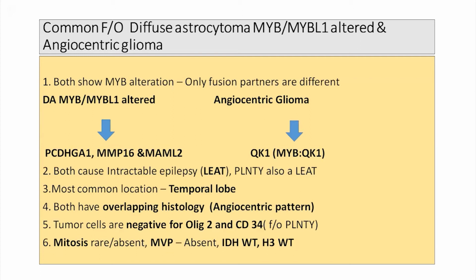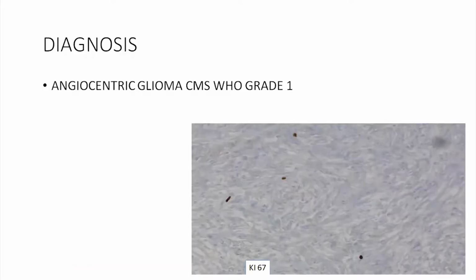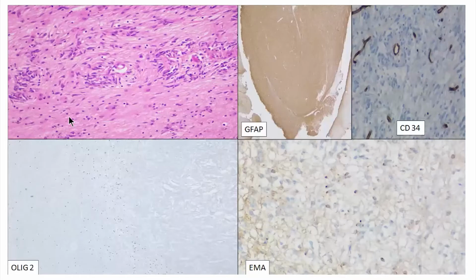Okay, is this a question coming? Yes. Question to you. What are the pointers on morphology that we should see before we call or suspect angiocentric glioma? Yes. First of all, the morphology was very typical. We don't see such a nodular kind of appearance in ependymomas, and it's very much cortical based.